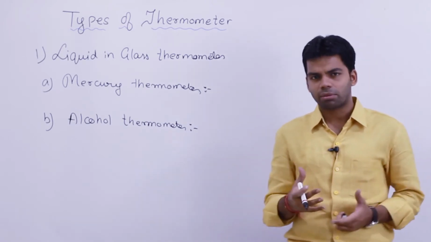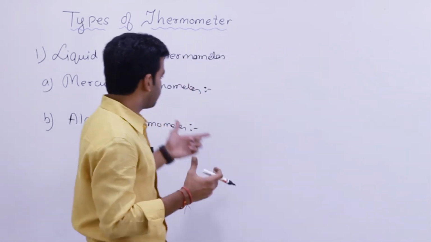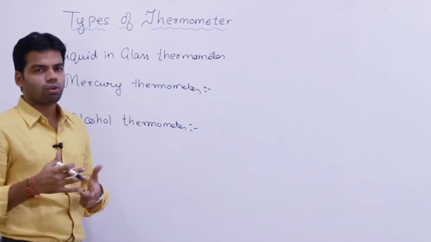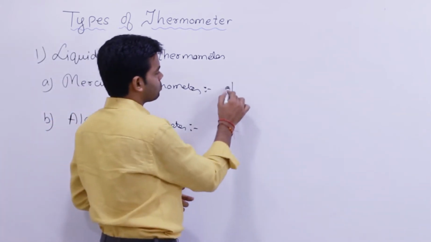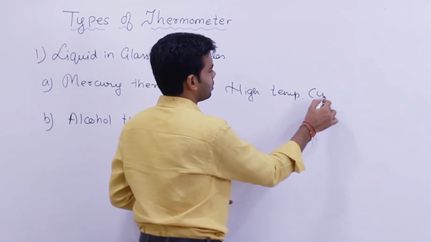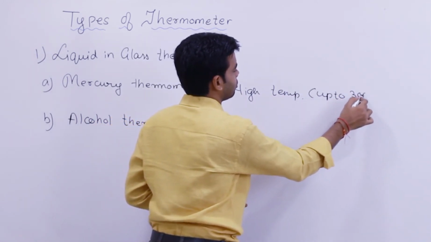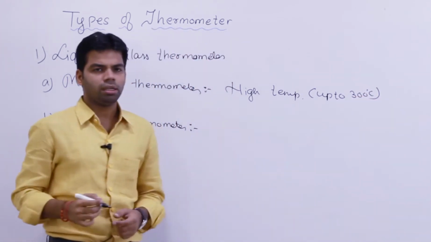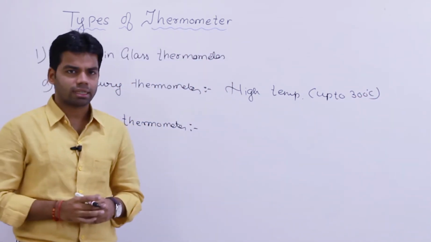The mercury thermometer is basically used for measuring high temperature, of the order of up to 300 degrees centigrade.